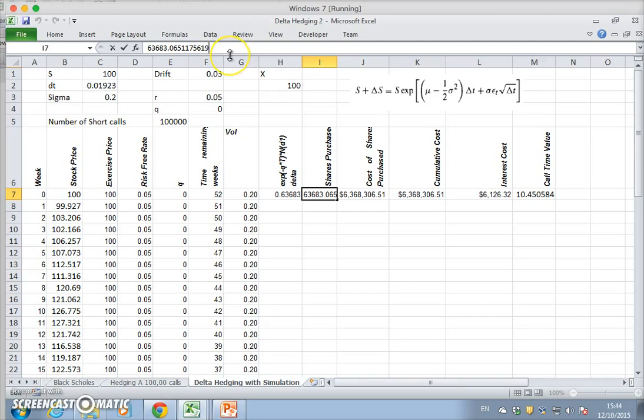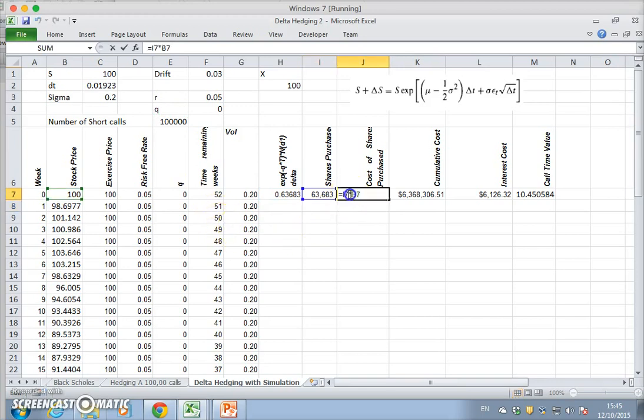S63, where does that come out of? 63,000 is the product of delta times 100,000, the number of short calls that we initially started out with.